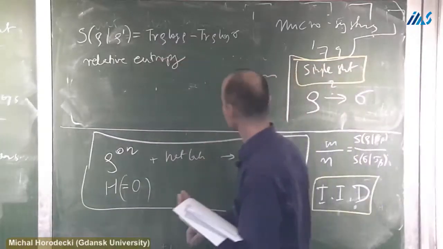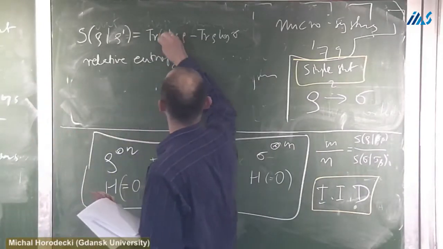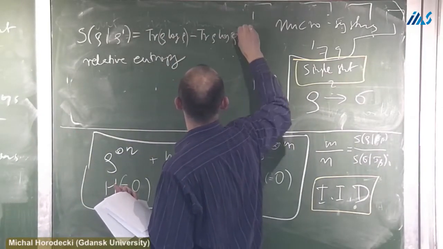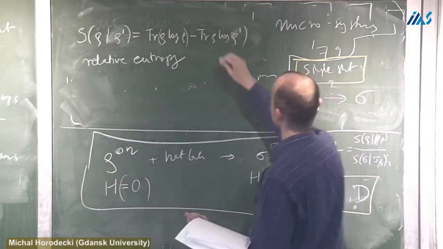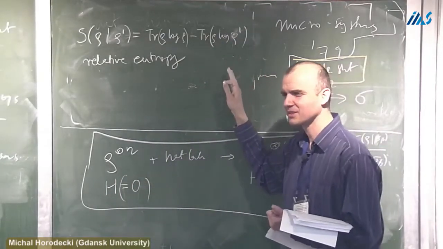Trace rho log sigma. Sorry, I didn't want to put this sigma. So that's a prime here. Seems okay.